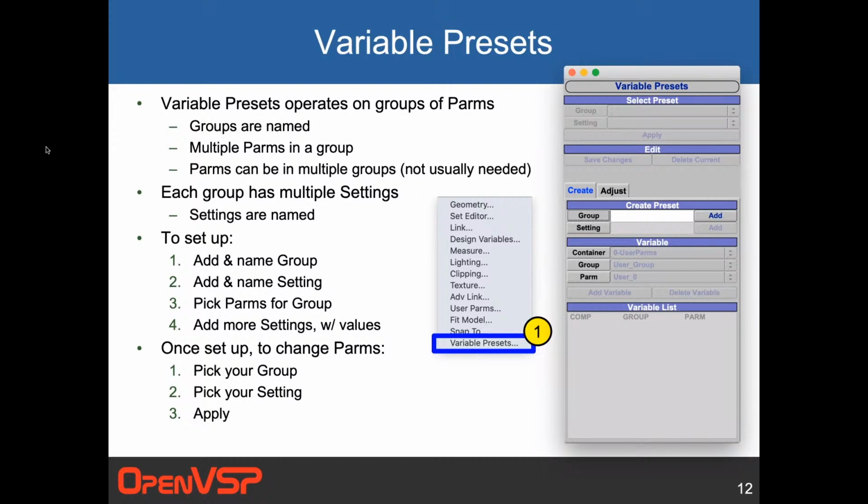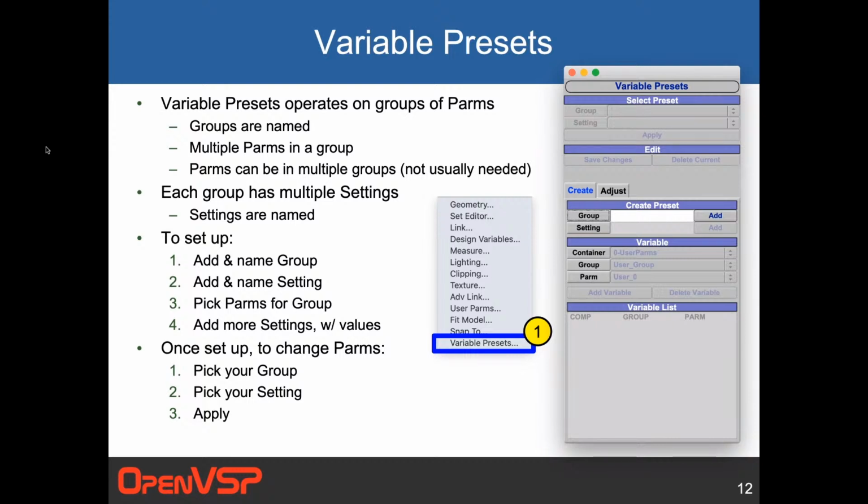So you've got multiple parms in a group. And of course, parms could be in multiple groups, but that probably won't actually happen. So you've got groups of parms, named groups of parms, and then each group gets different settings. So if it was a landing gear, the obvious settings are going to be up and down, and they get names. If they're flaps, then you might have cruise, takeoff, and landing as the 3 settings that are named.